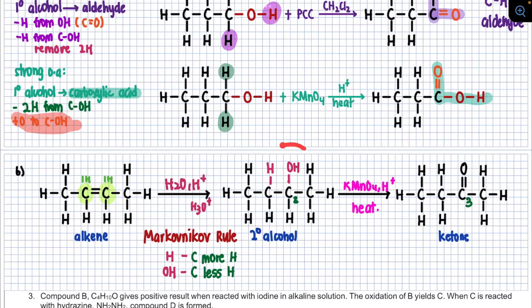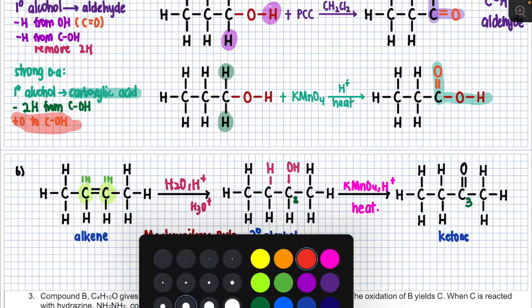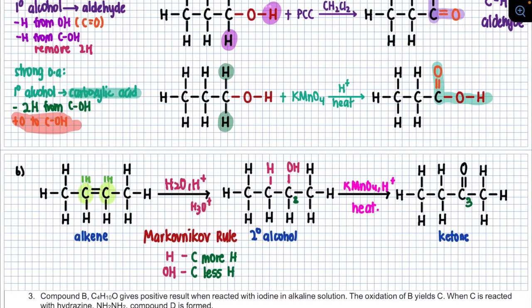When a secondary alcohol undergoes oxidation, we remove 2 of our hydrogen, the hydrogen here and the hydrogen here, and then the CO becomes C double bond O. So this is the reaction. Organic chemistry sometimes mixes things up, but mostly we will see familiar things.